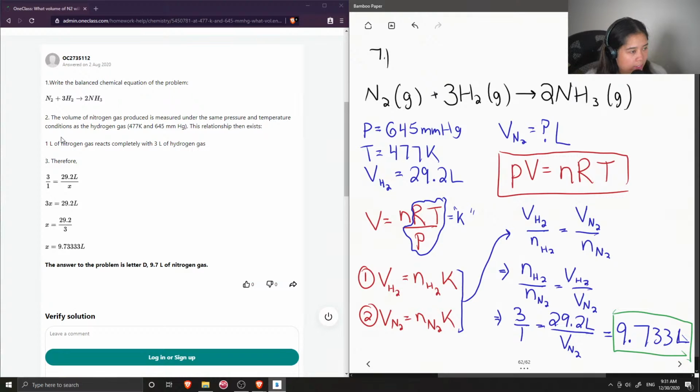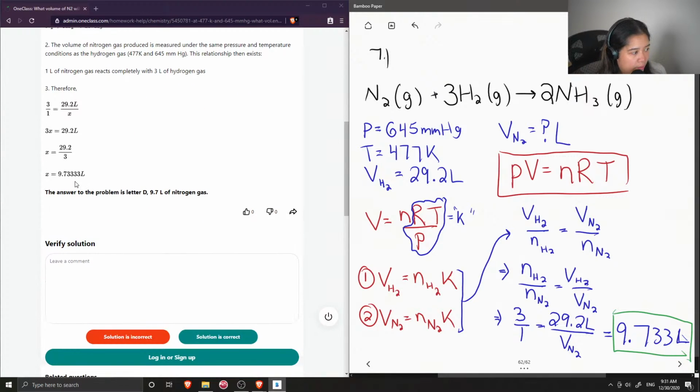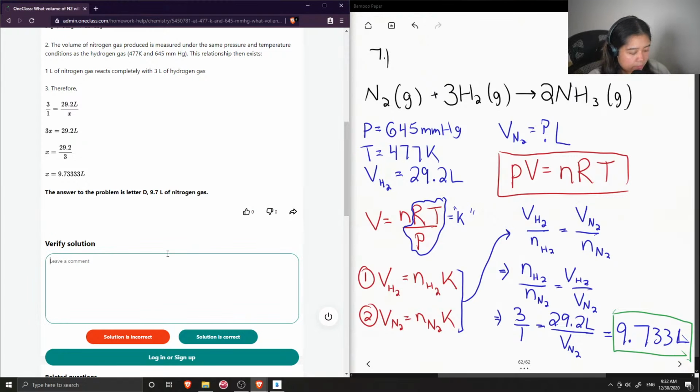So this relationship exists: 1 liter of nitrogen gas reacts completely with 3 liters of hydrogen gas. And then they simplified and showed how they also got 9.733 liters. Okay, so this solution is correct.